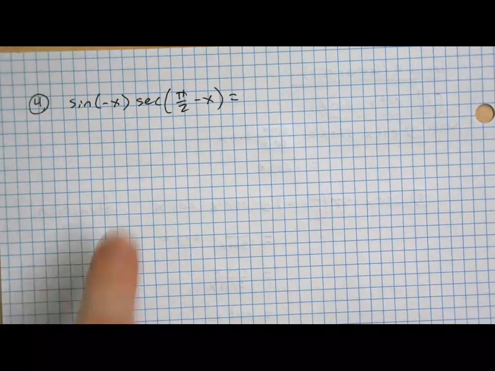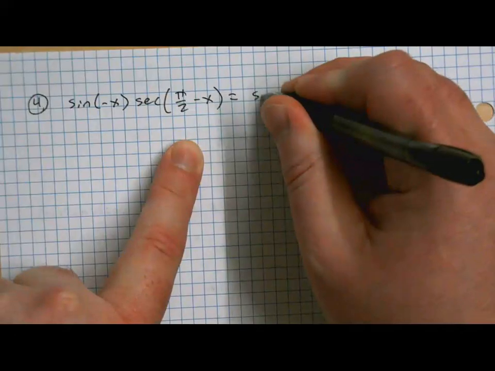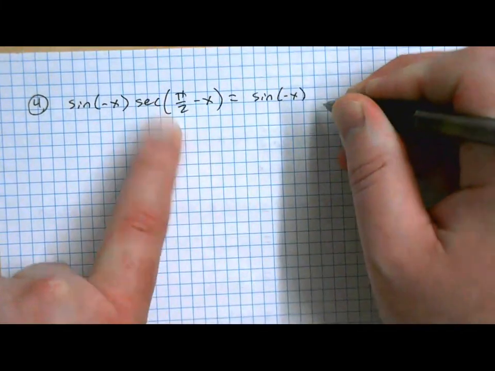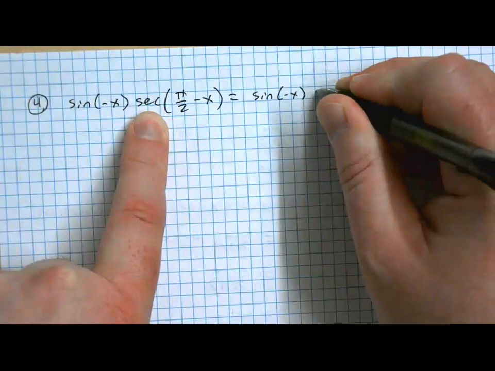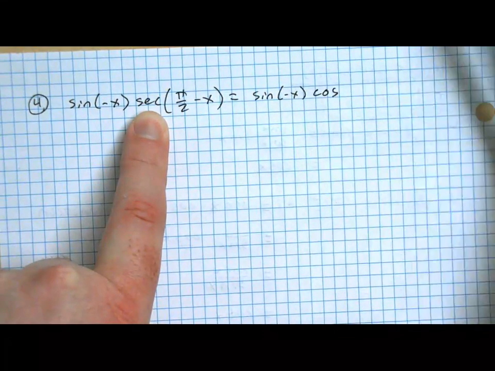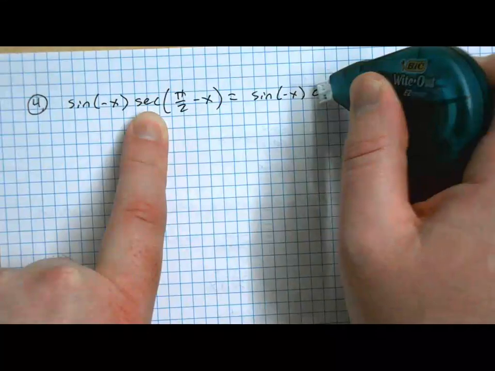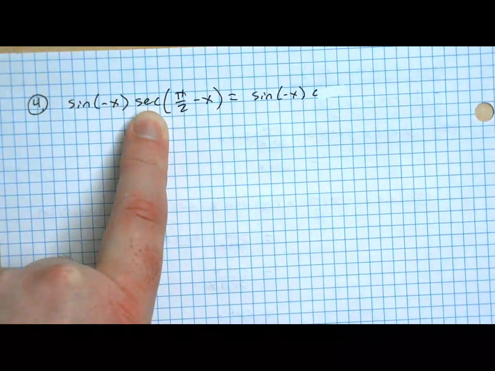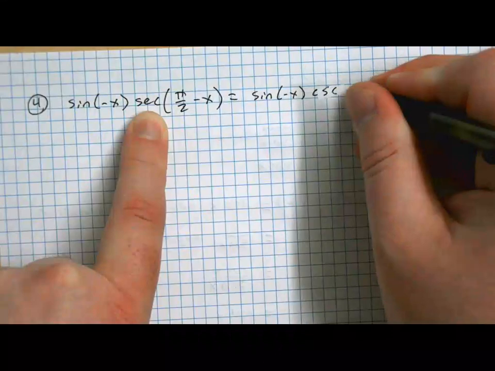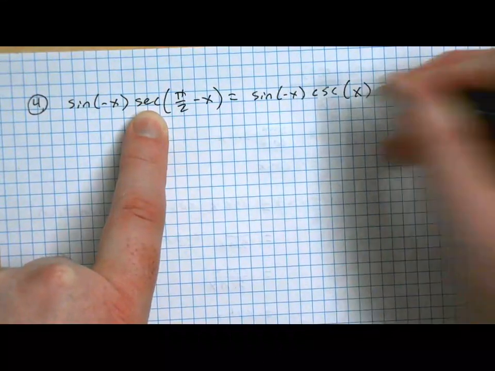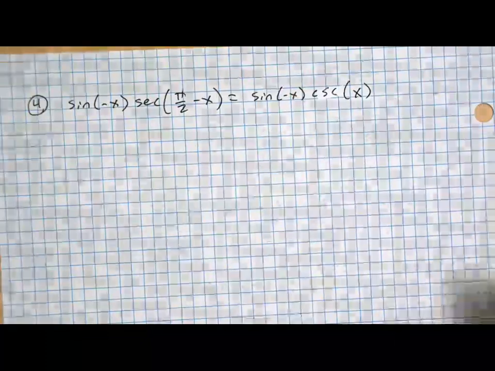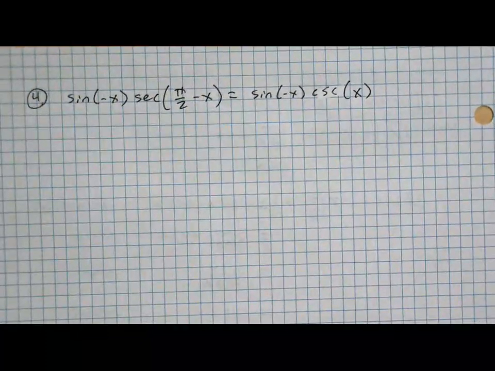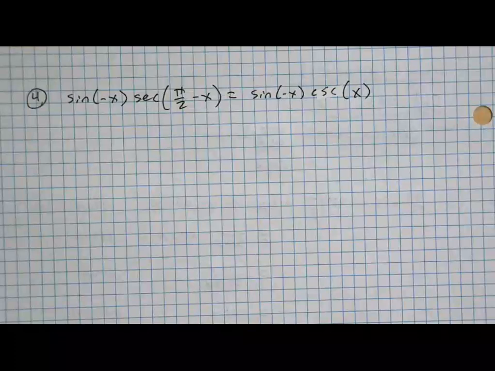Cofunction, you got it. So we'll leave this sine negative x alone, and we'll turn the secant into a cosecant. Not a cosine, cosecant. And that would just be an x then. By the way, if you had done the odd or even first, we're going to end up in the same spot in just a second anyways.